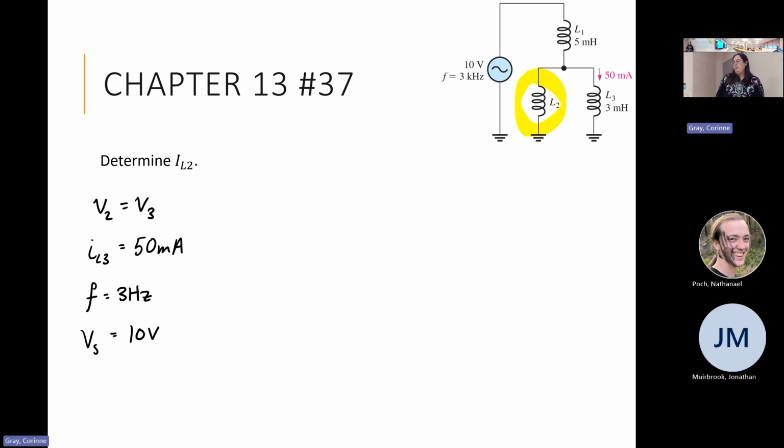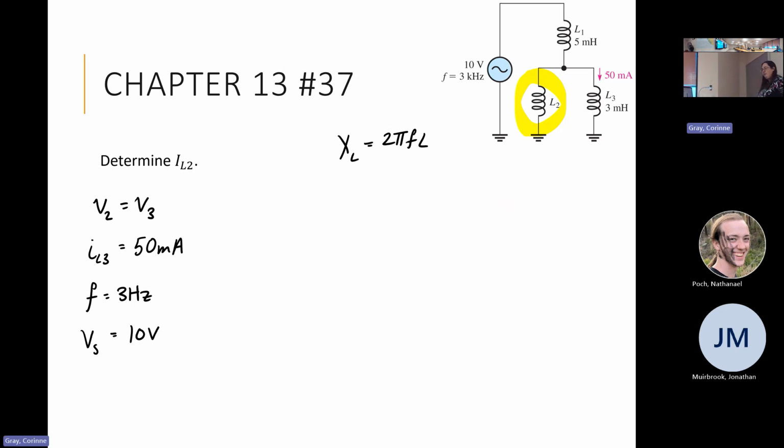So that method's not going to work. So basically anytime we have an AC source, we are going to want to use the reactance. For an inductor, XL is equal to 2 pi FL.